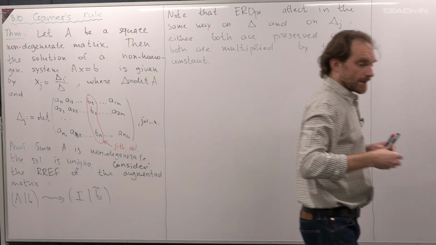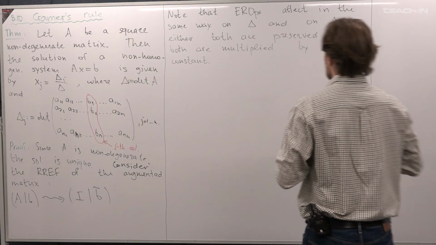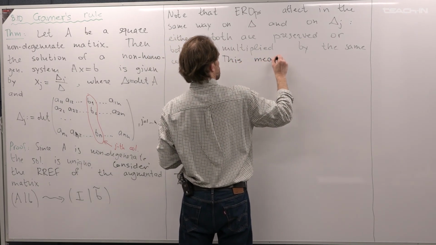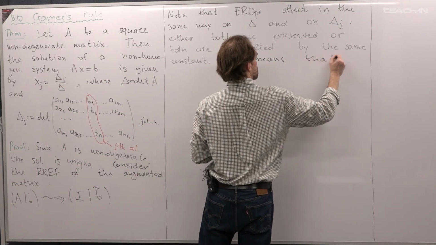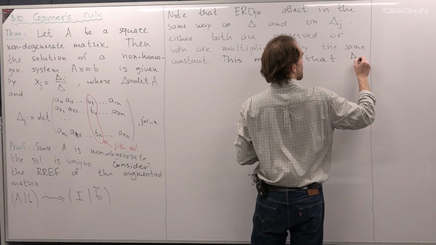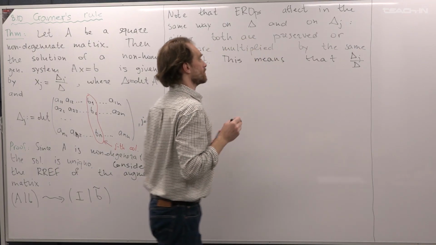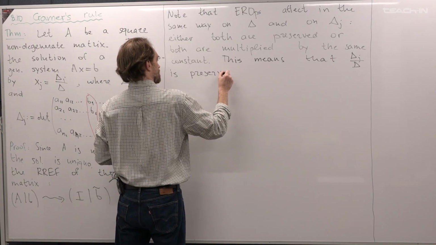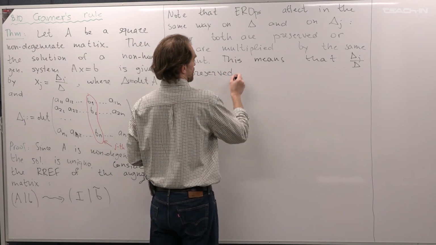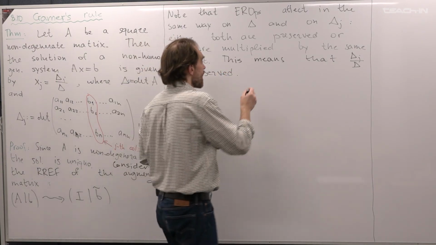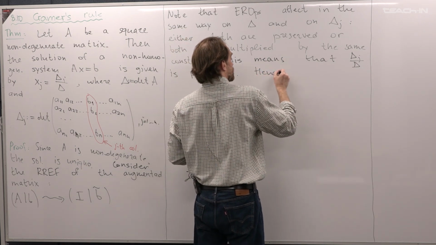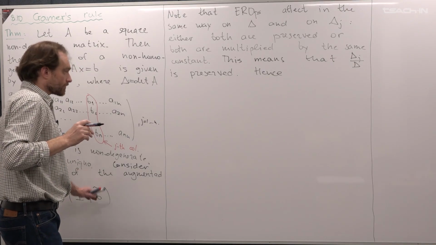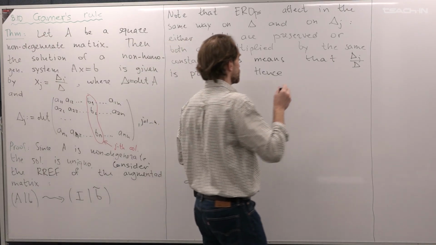And this means that their quotient is preserved when we apply elementary row operations. So it is enough to prove this formula for the transformed system, just because they are equivalent.